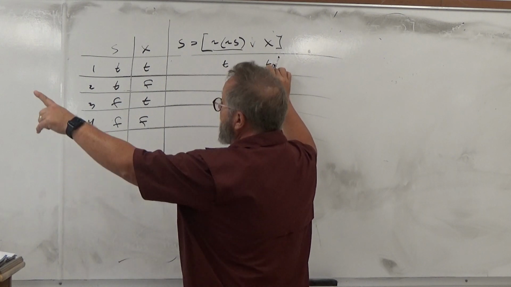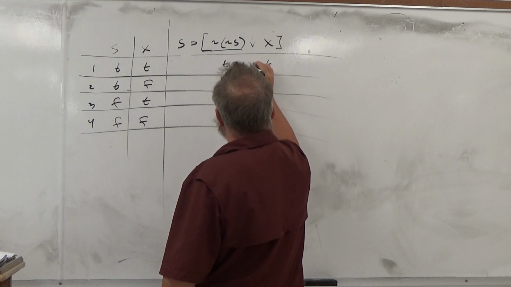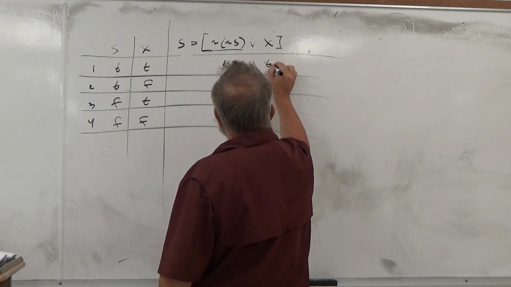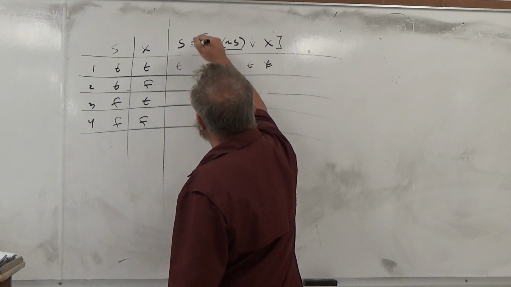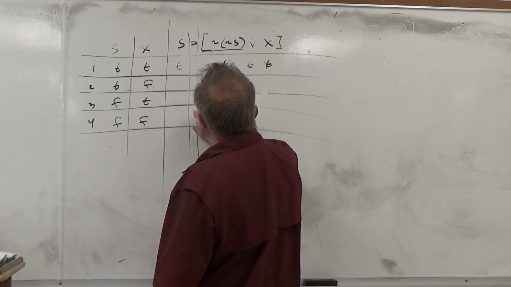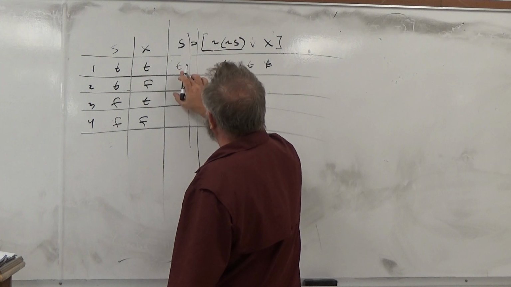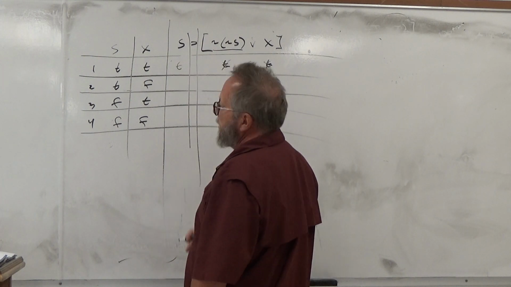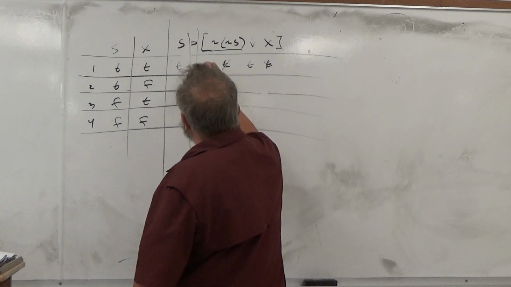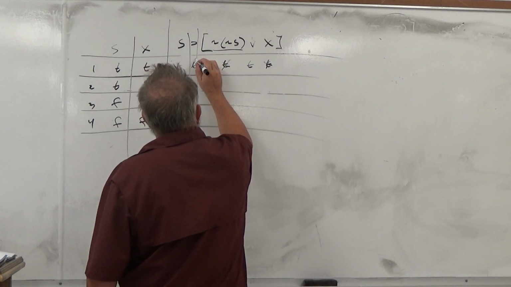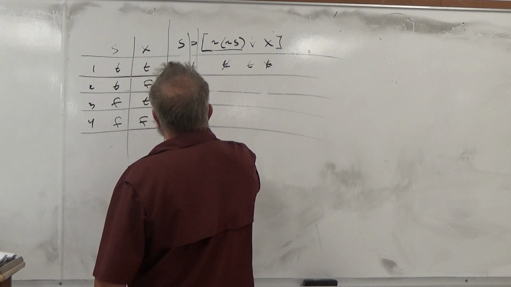True. Look at line 1, true or true is true. And S is true right here, so the final calculation, this is the main logical operator: true then true. That's line 1. Look under the conditional, and it's true. So it's true on line 1.